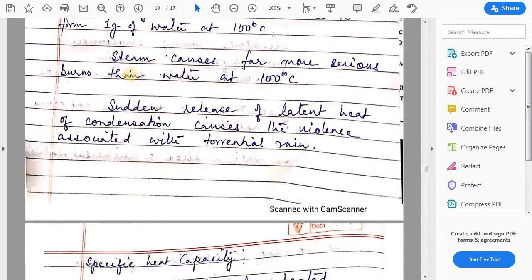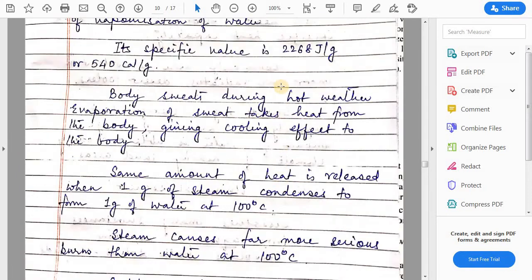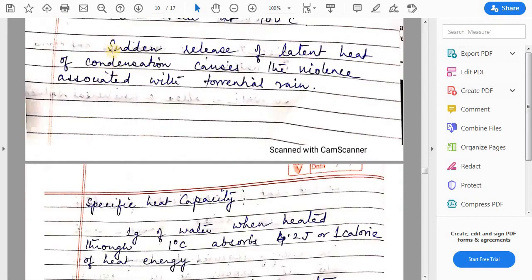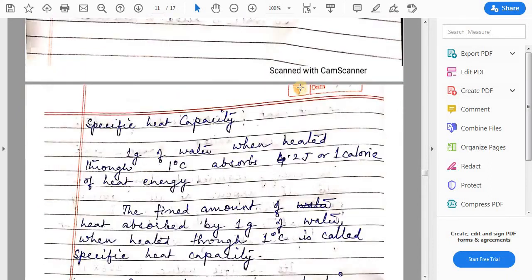So steam causes more serious burns than water at 100 degrees Celsius because it contains 540 calorie per gram extra. Steam contains this more than boiling water. Now, sudden release of latent heat of condensation causes the violence associated with torrential rain.